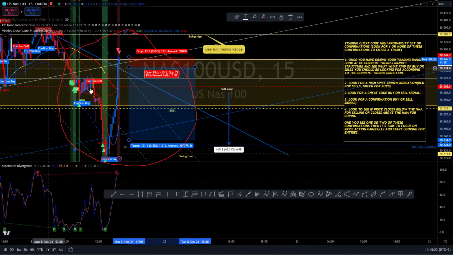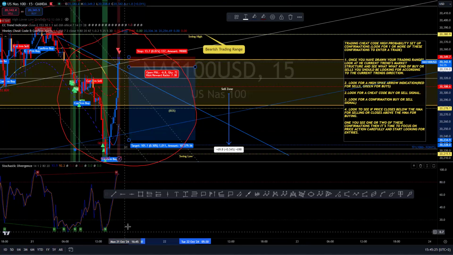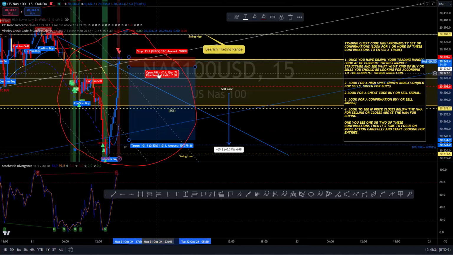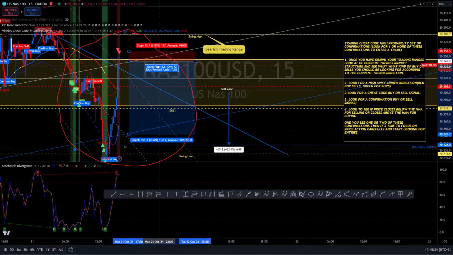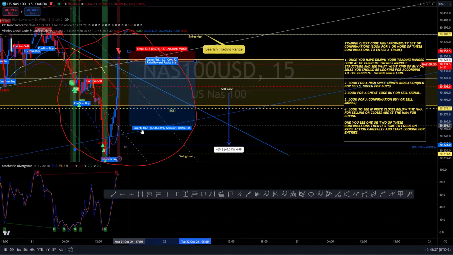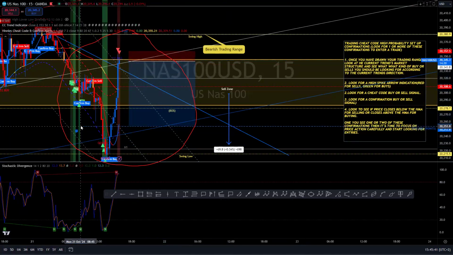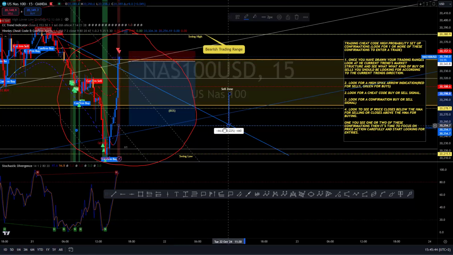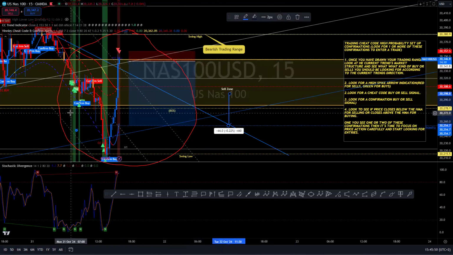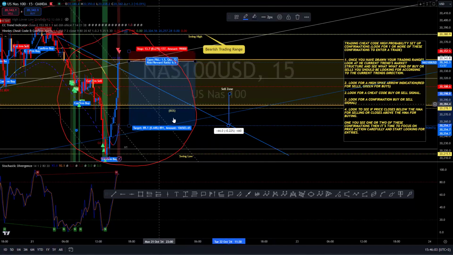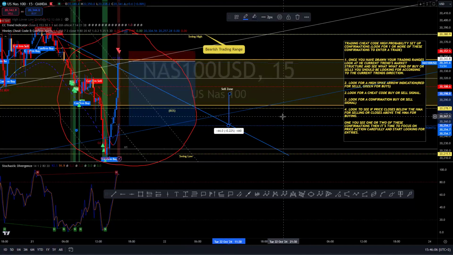There's some strong structure here. So we got another high spike arrow here as well, and we got a cheat code cell. So I'm gonna hold it and we'll see what it does.